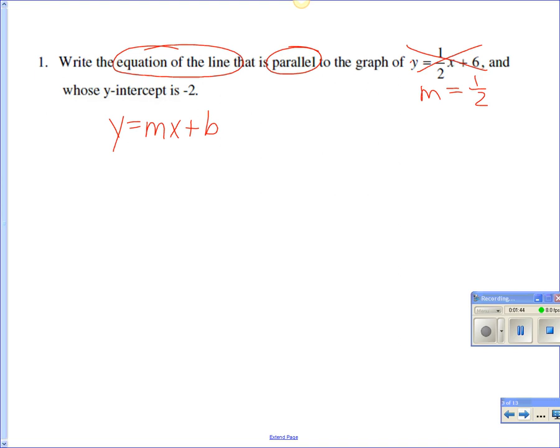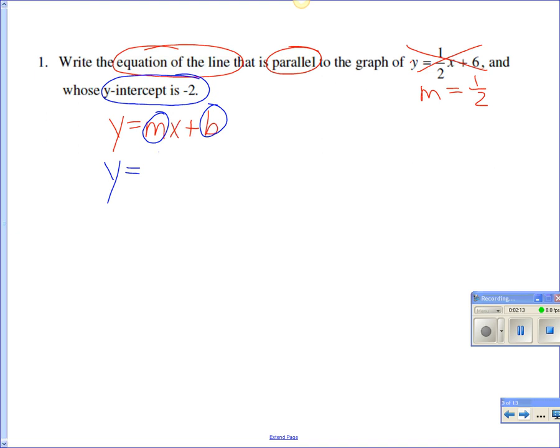They also tell us that the y-intercept is -2. I already have my milk and my brownies. I have everything I need to answer this question. So I'm going to put y equals. What does m stand for? Slope, and the slope is 1/2.